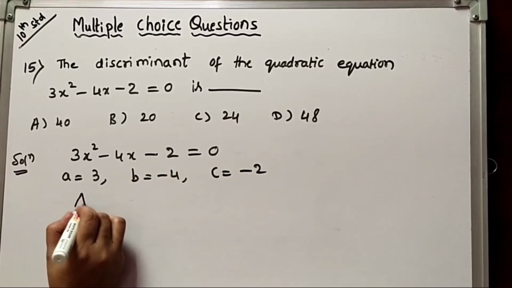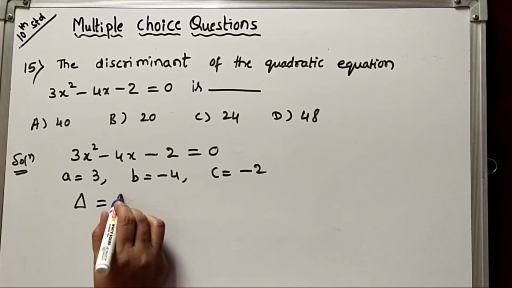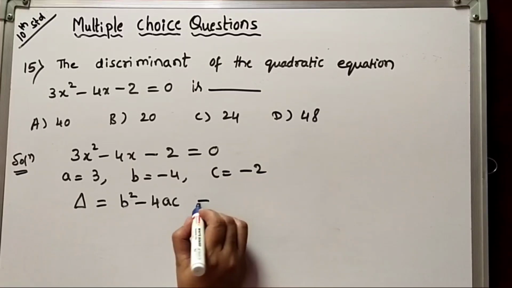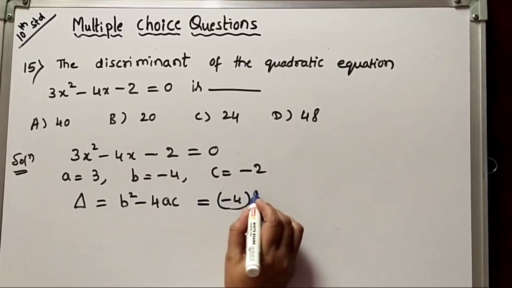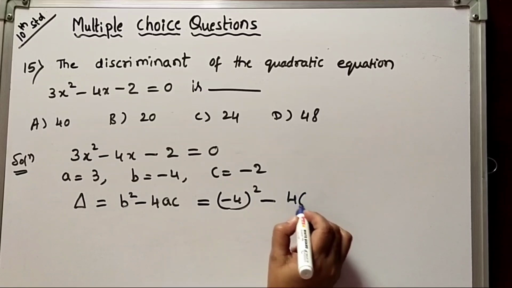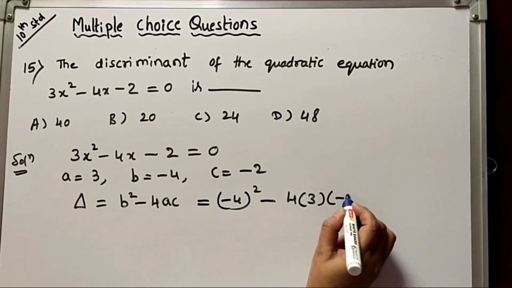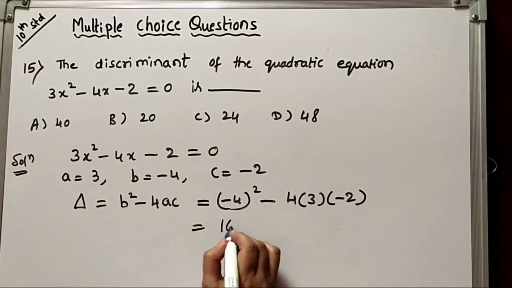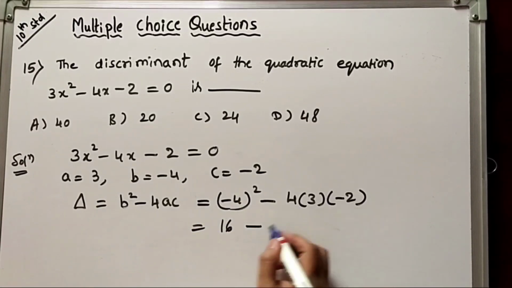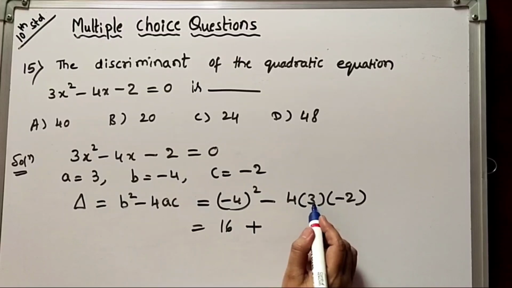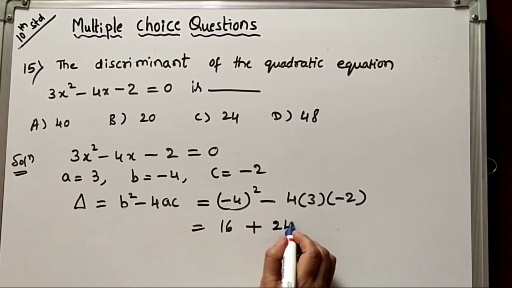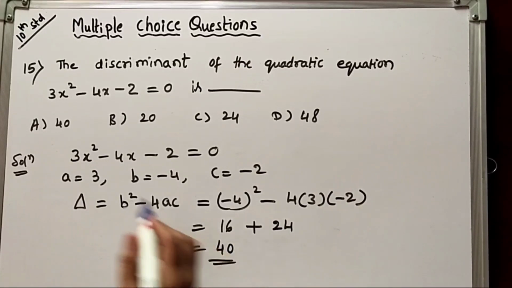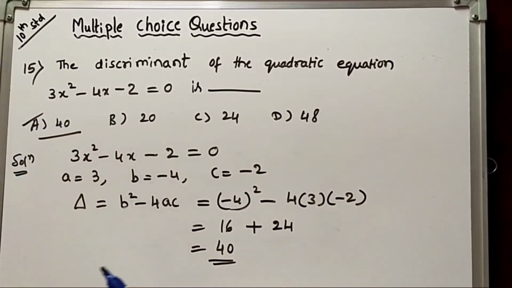So the discriminant delta is equal to B square minus 4AC. B square is minus 4 whole square, 4 times A is 3, C is minus 2. So 4 square is 16, minus into minus is plus, 4 3s are 12, 12 2s are 24, which equals 40. So the discriminant is 40. Option A is the correct answer.